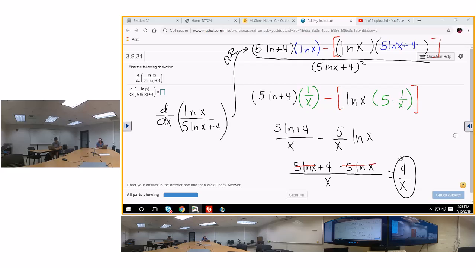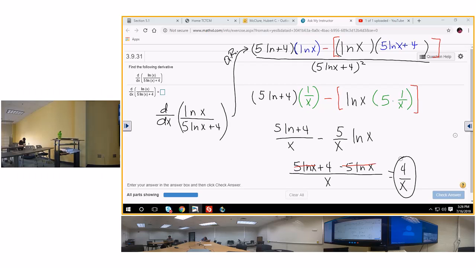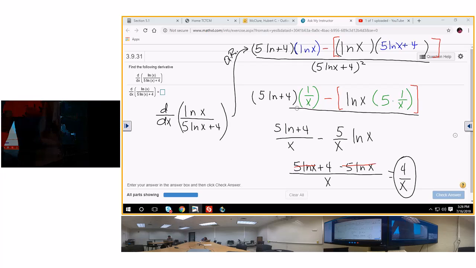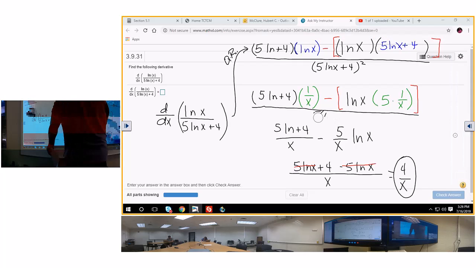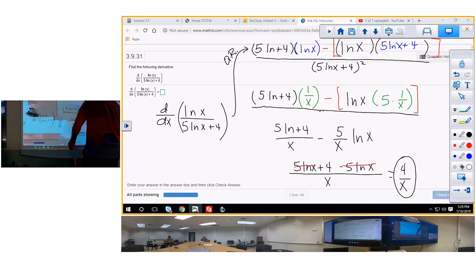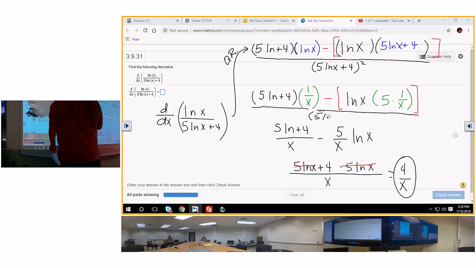What about the denominator squared? Oh, shoot. I forgot about that. I should have followed my notes. 5 natural log of x plus 4 quantity squared.